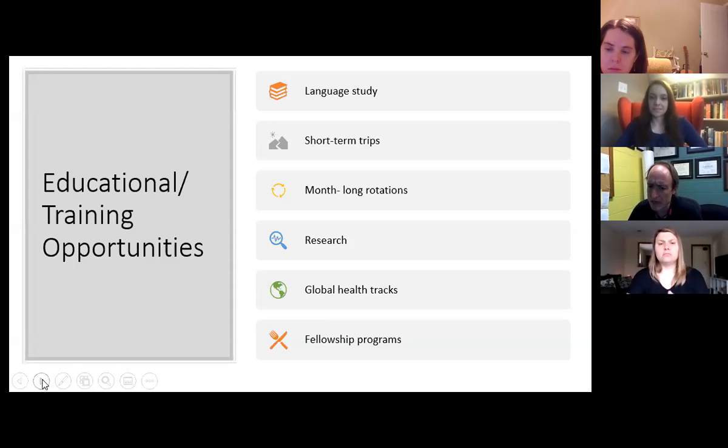I don't know of any medical schools that necessarily have dedicated global health tracks, but I will say across the residency programs, there are global health tracks. And I think that it is probably most established and broadest in the primary care subspecialties, internal medicine, family medicine, pediatrics, but there are surgical global health tracks and, to my knowledge, other subspecialty global health tracks.